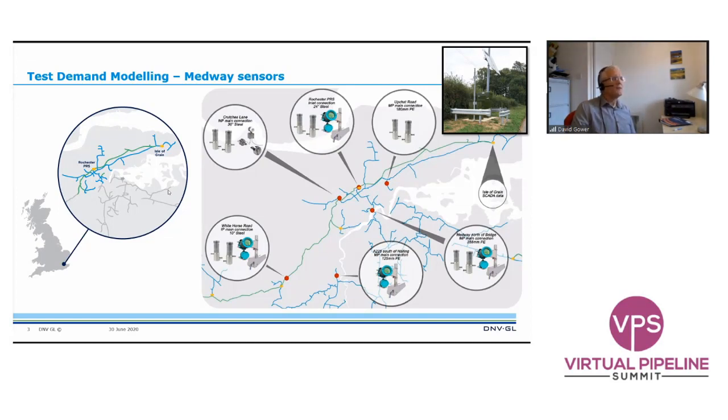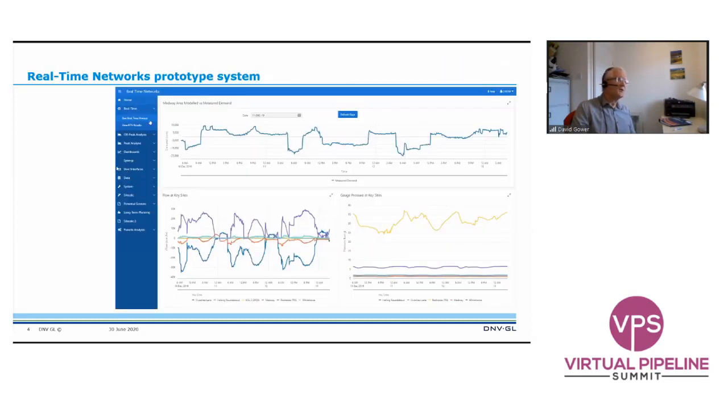To that end, one of the major parts of the project was to install a test area within the southeast of the UK, at SGN's area around Medway, and that required the installation of meters so that we can understand the flows and test various different scenarios. But that's actually not going to be the focus of what I'm going to talk about today.